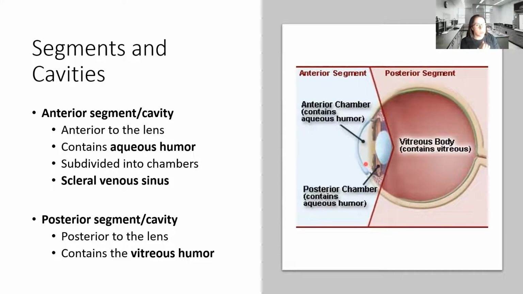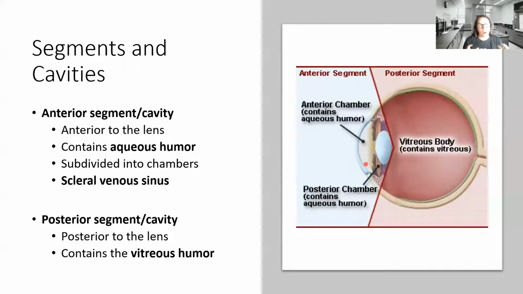This includes the ciliary body, the lens, the aqueous humor, the cornea, the pupil, and the iris. Everything behind the lens is filled with the second fluid, called the vitreous humor or vitreous body. The entire posterior cavity is filled with this particular fluid.